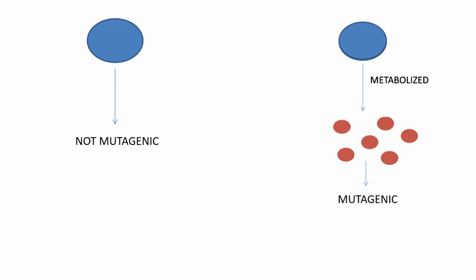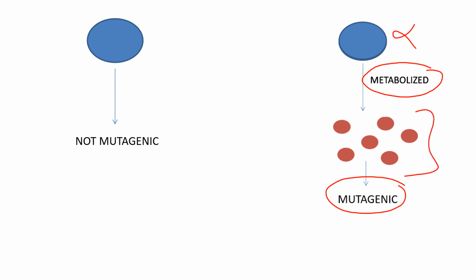And you come to know that these products are mutagenic. So here, the actual compound is not mutagenic, whereas after getting metabolized, the products that you are obtaining are actually mutagens. So you need an assay that can test for the metabolic products as well as for the compound.